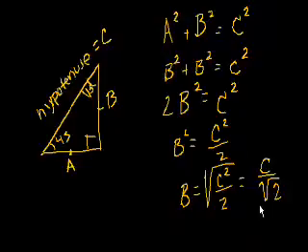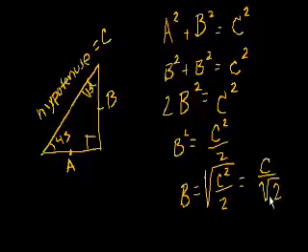And actually, even though this is a presentation on triangles, I'm going to give you a little bit of extra information on something called rationalizing denominators. So this is perfectly correct. We just derived that B, and we also know that A equals B, is equal to C divided by the square root of 2. It turns out that in most of mathematics, and I never understood quite exactly why this was the case, people don't like square roots of 2 in the denominator.